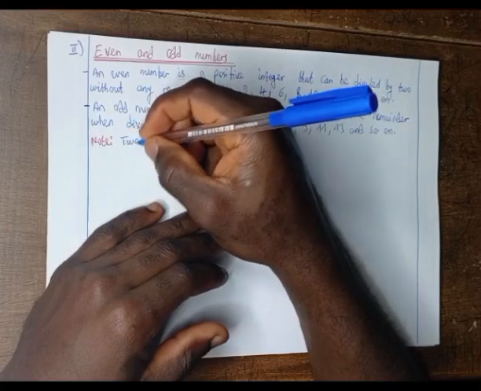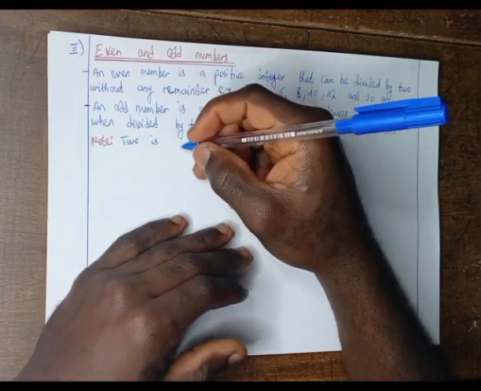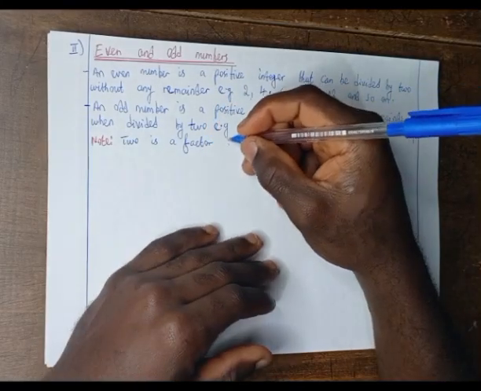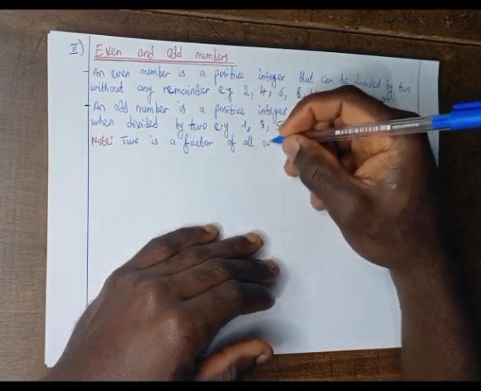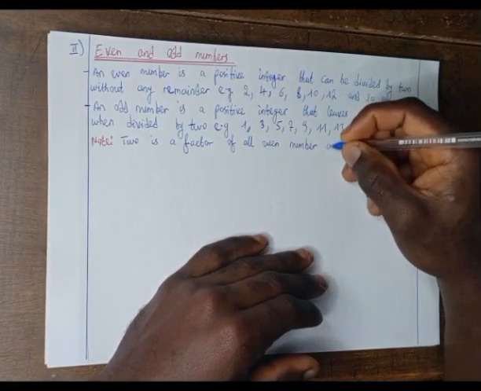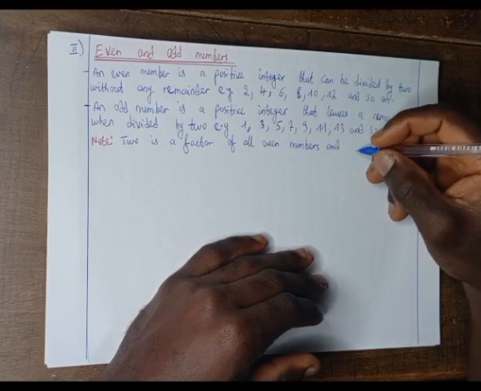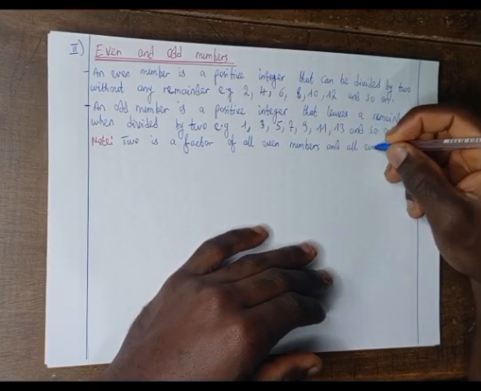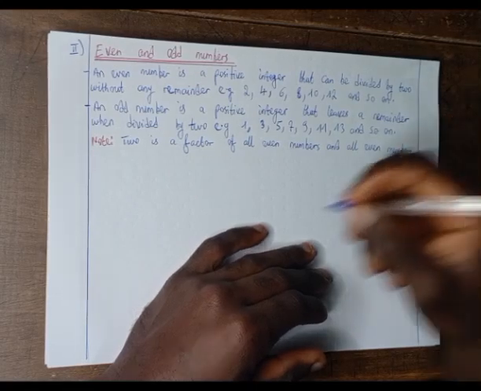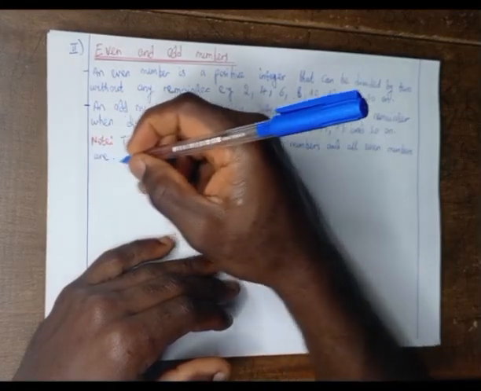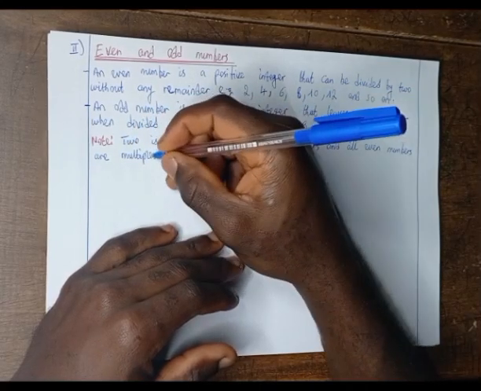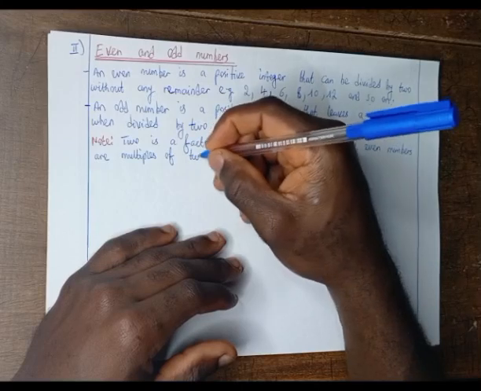The number 2 is a factor of all even numbers, and all even numbers are multiples of the number 2.